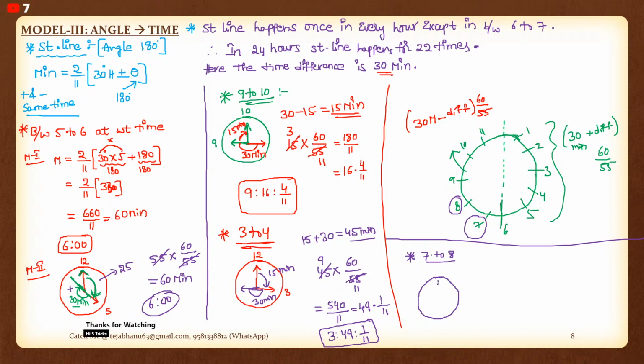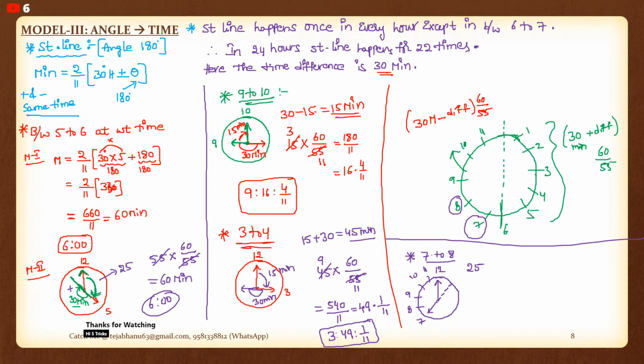If you watch 7 o'clock, it appears like this. That means 8, 9, 10, 11, total 5 divisions, that is 25 minutes. It has already traveled from the other hand.